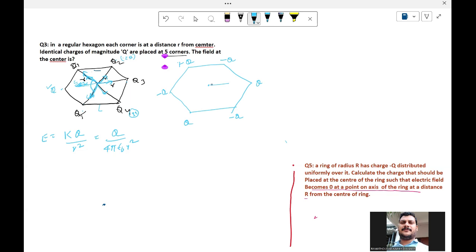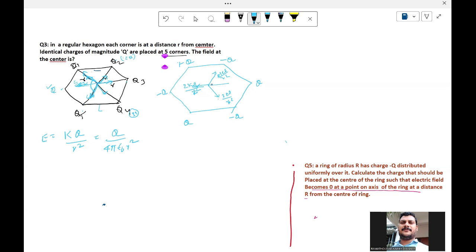this Q, repulsive in this direction, and attractive, both are acting in the same direction. So this is 2 K lambda by R square. Here also the field is acting in this direction, equal to 2 K lambda by R square. Here also the field is acting in this direction, equal to 2 K lambda by R square.